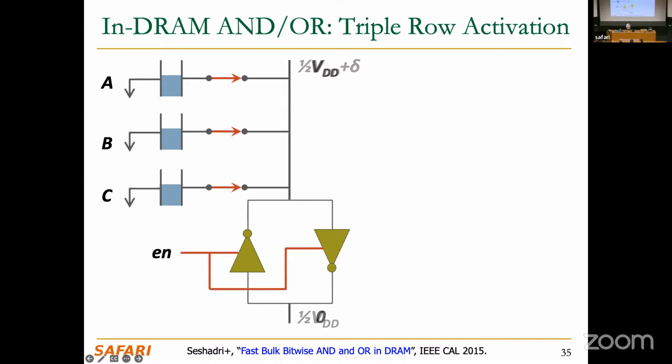In this example, the initial voltage levels were VDD, VDD, and ground. Because of that, when you activate the 3 rows at the same time, the sense amplifier pulls the voltage to the majority, which is VDD. So basically, we can think of the sense amplifier inside the DRAM subarray as a majority gate.